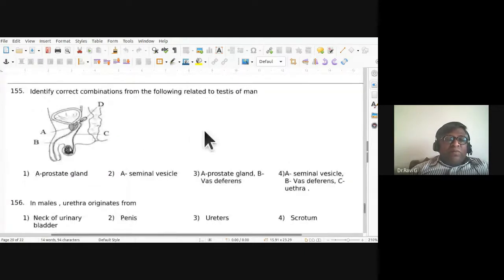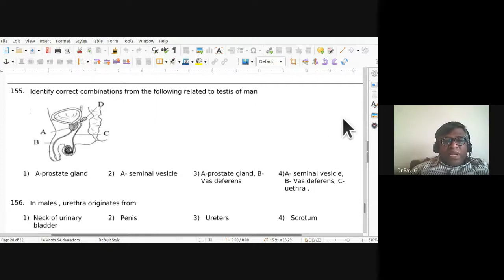Identify the correct combinations from the following related to testis of man. So we have to identify the correct options combination. A, they have given prostate glands. B, vas deferens. A, seminal vesicles. B, vas deferens.